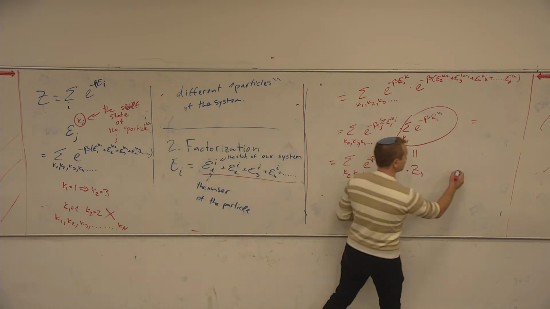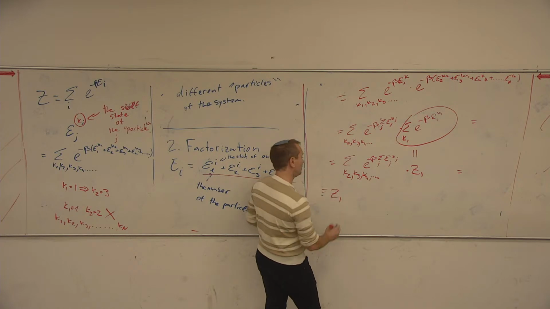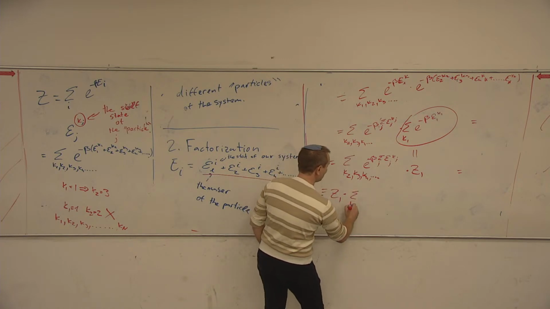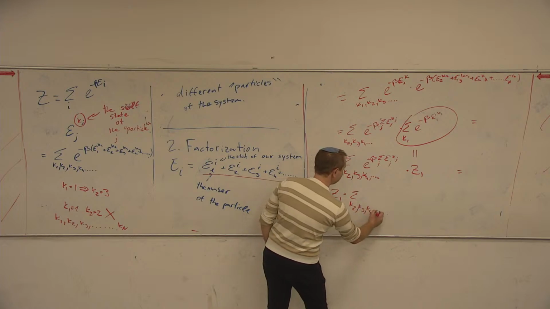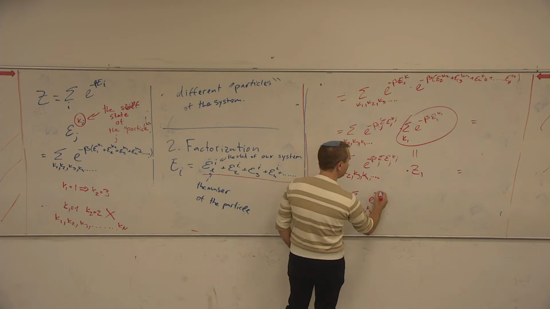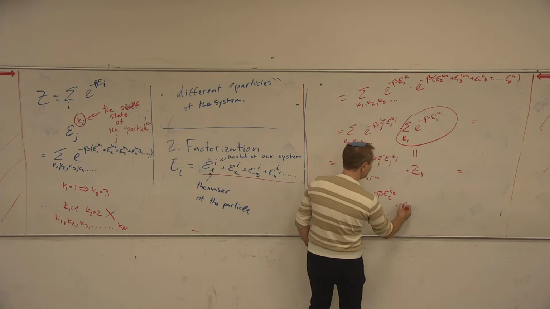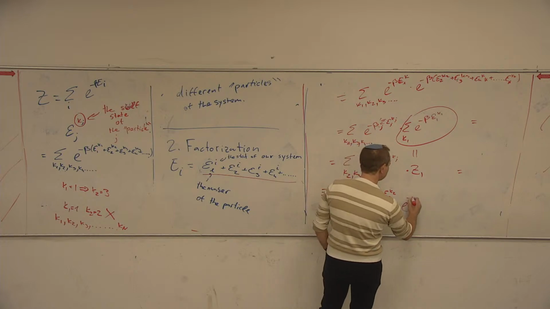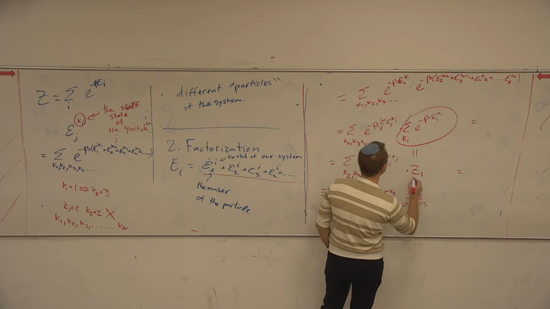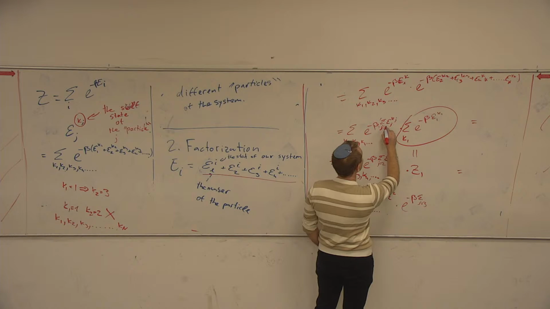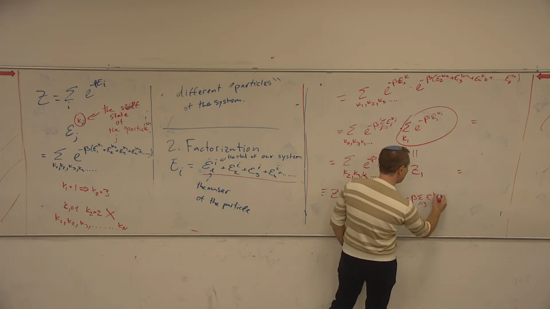I can continue this process. I take z1 out of this sum, so z1 is out, and I have here a summation over K2, K3, K4 of e to the power minus beta epsilon 2 K2, multiplied by e to the power minus beta times the summation of j from 3 of epsilon j kj.